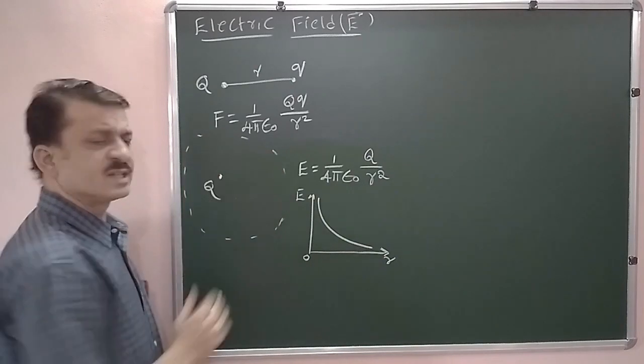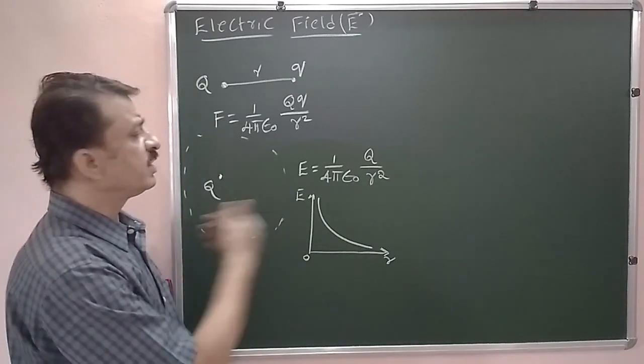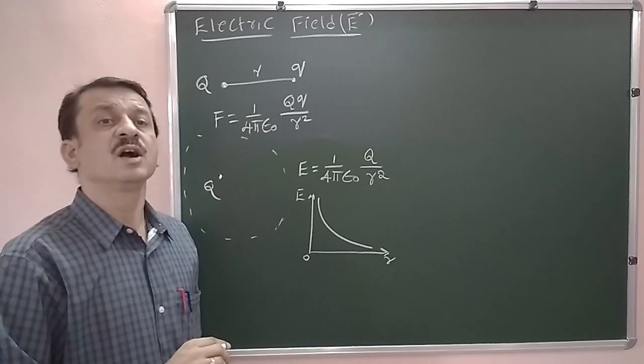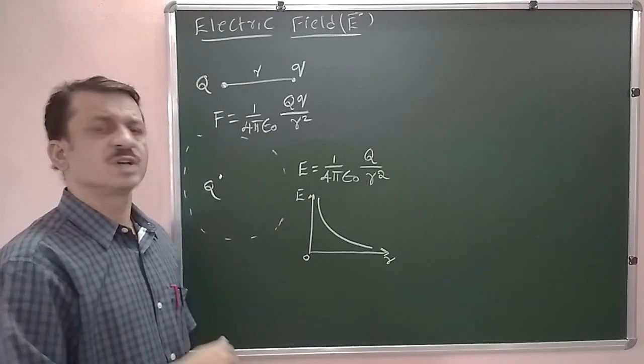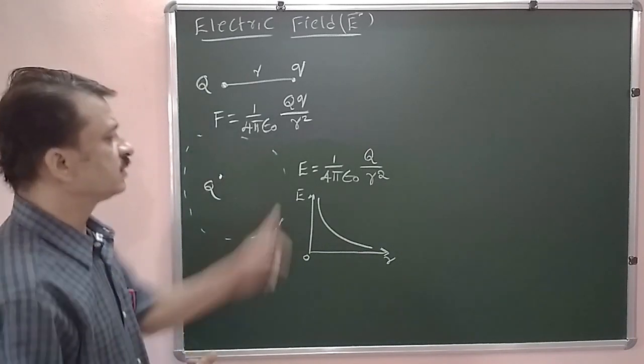Its direction is as follows. For a positive charge, the field is radiating outward. For a negative charge, the field is radiating inward.